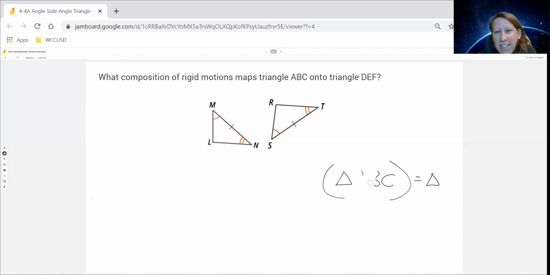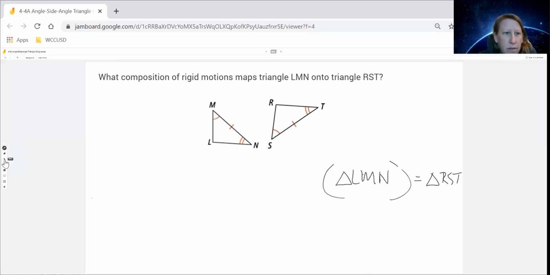That is a mistake. How confusing. Okay, this should say triangle LMN maps onto triangle RST. Okay, so what do we do to triangle LMN to show that it's going to match up onto triangle RST?